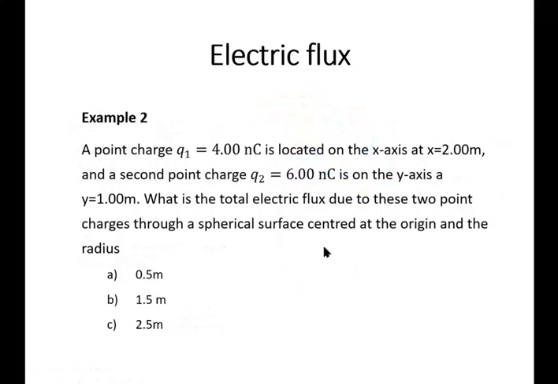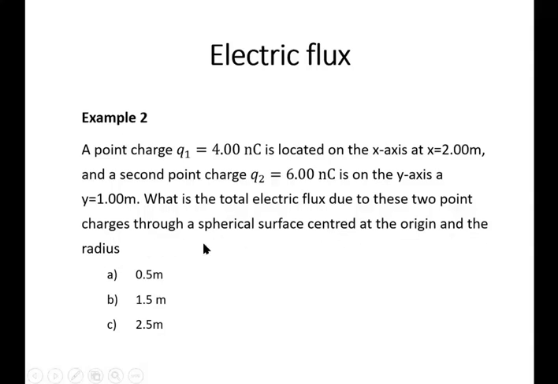Let's take a second example. A point charge Q1 has a charge of 4.00 nanocoulomb and is located on the x-axis at x equals 2.00 meters. And a second point charge Q2 is located on the y-axis at y equals 1.00 meters. What is the total electric flux due to these 2 point charges through a spherical surface centered at the origin?